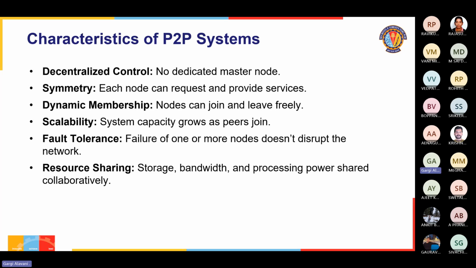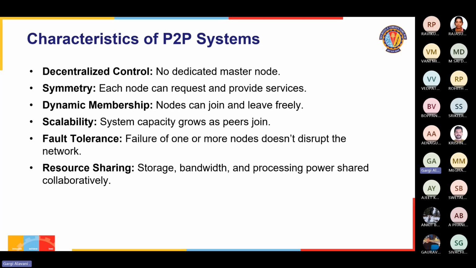The final one is that with this setup, they enable resource sharing. Each peer contributes some part of its resources like files, bandwidth, or even computation, and benefits from what others share. So this collective behavior is what makes systems like BitTorrent so efficient.